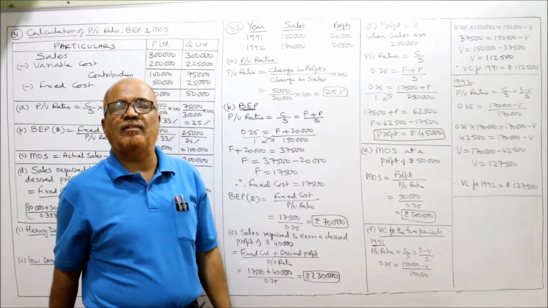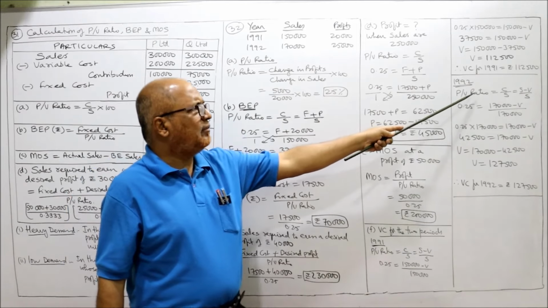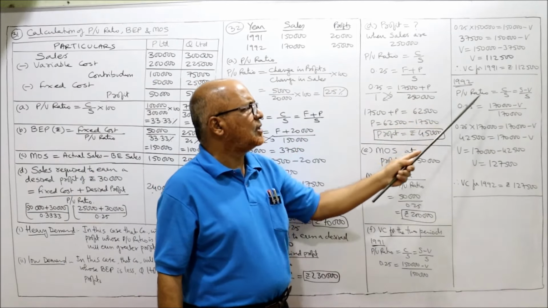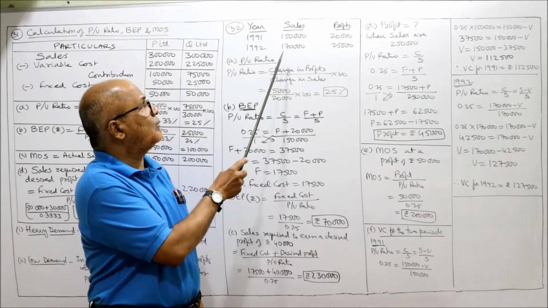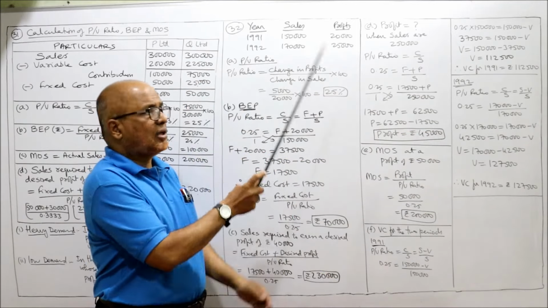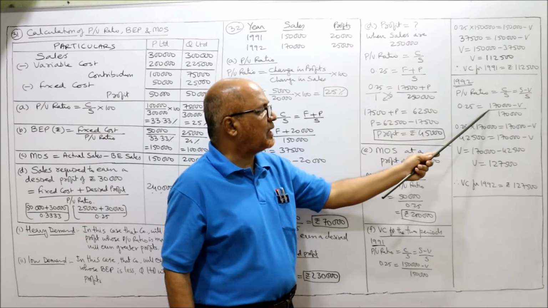Similarly, we have to calculate the variable cost for 1992. Same method. PV ratio C by S, S minus V by S, 0.25 is equal to sales. How much is the sales for 1992? 1,70,000. So 1,70,000 minus V divided by 1,70,000. Cross multiply.